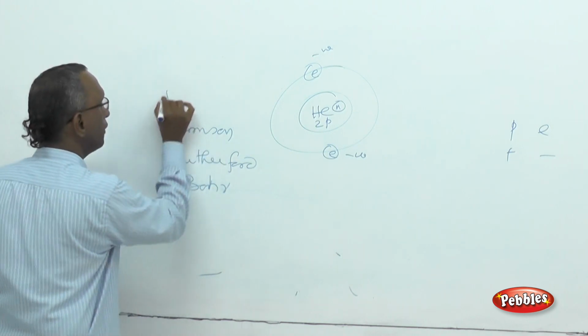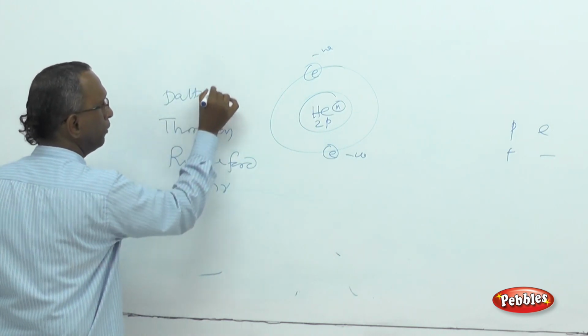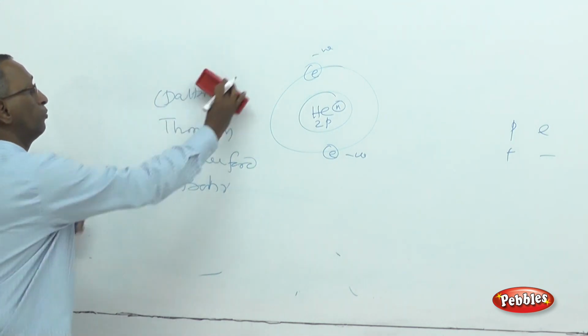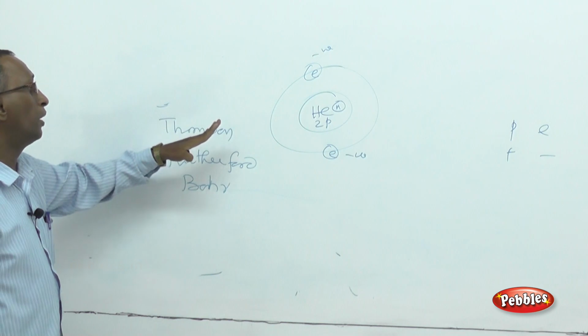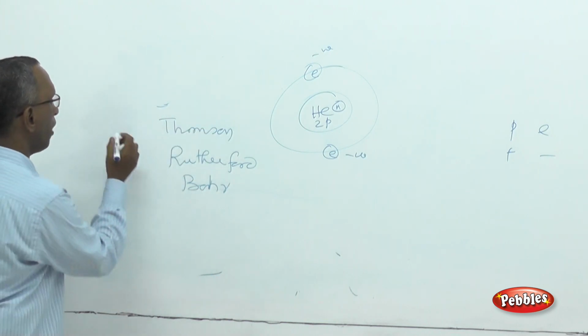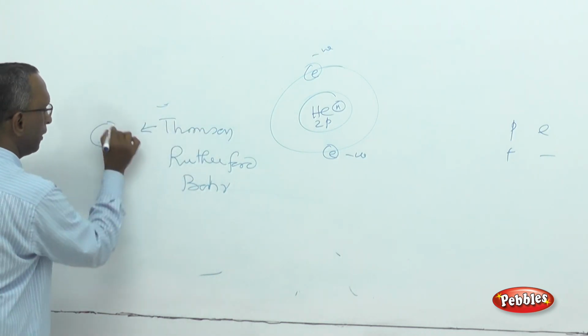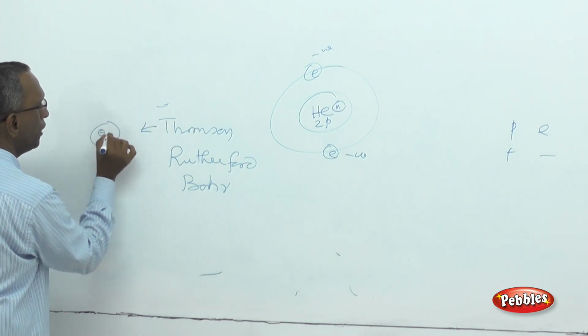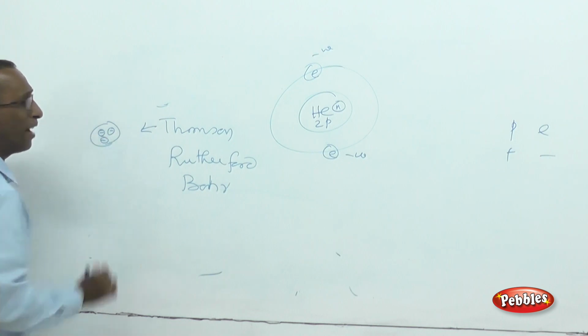The very initial thing we have seen is that Dalton described the atom as indivisible. Later on it was observed that the atom is divisible. In the Thomson model, he considered an atom as a cloud of positive charge in which electrons are embedded.